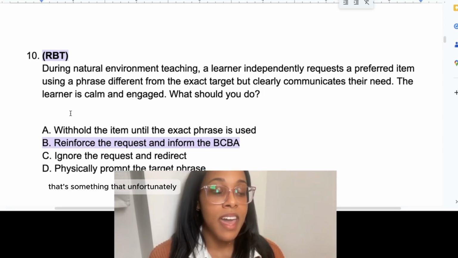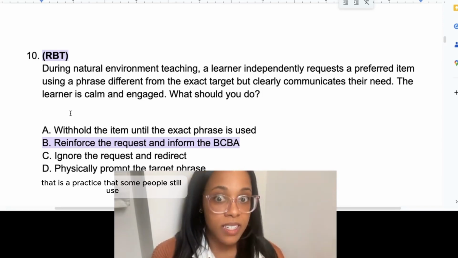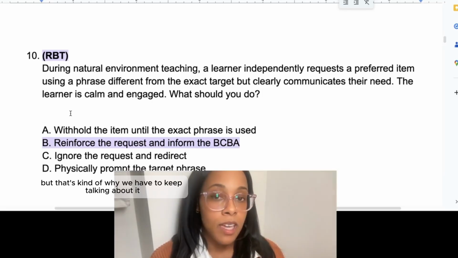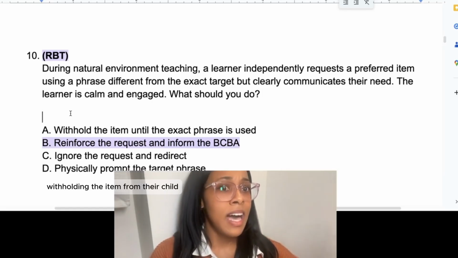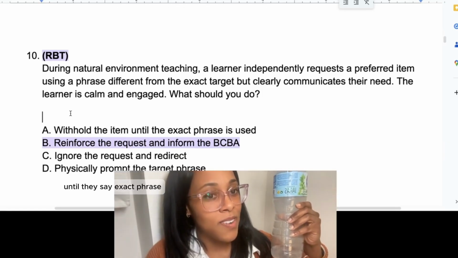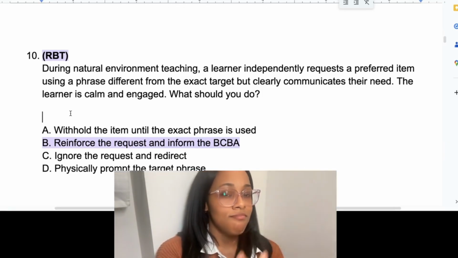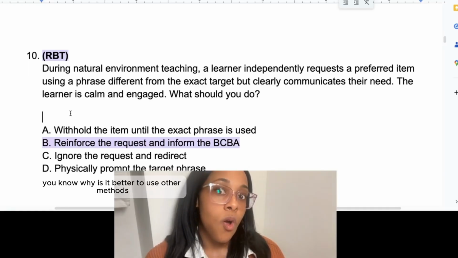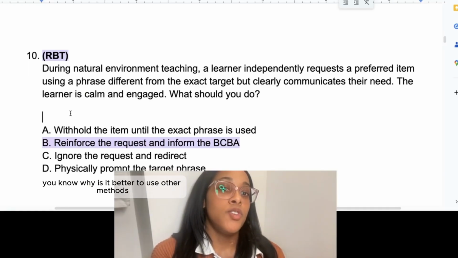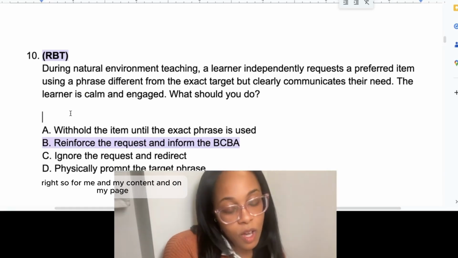That is a practice that some people still use. But that's why we have to keep talking about it, so that if a parent sees someone withholding the item from their child until they say the exact phrase, they're like, wait, why are we doing it that way? Why is it better to use other methods?